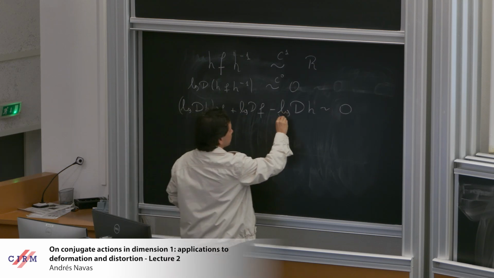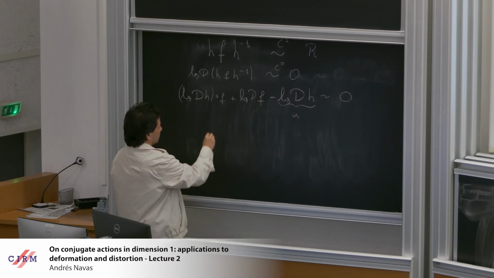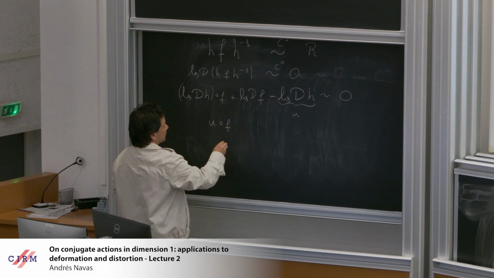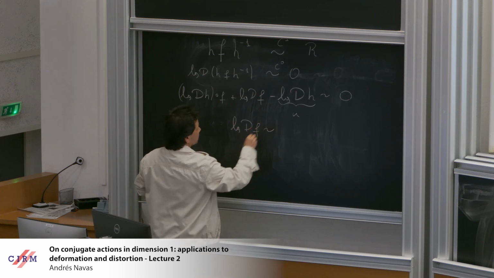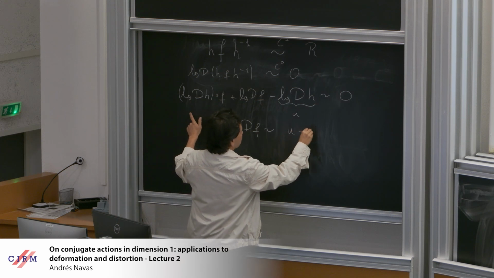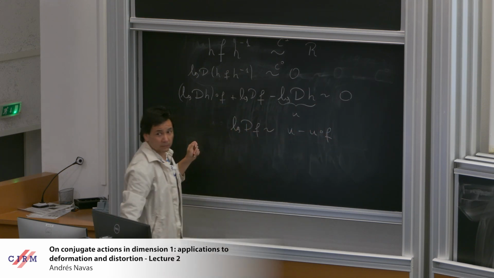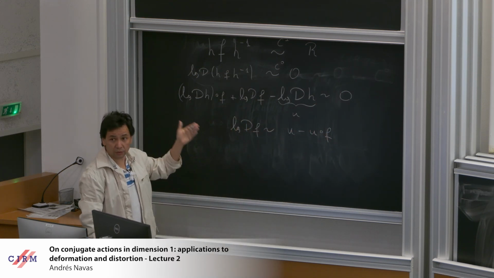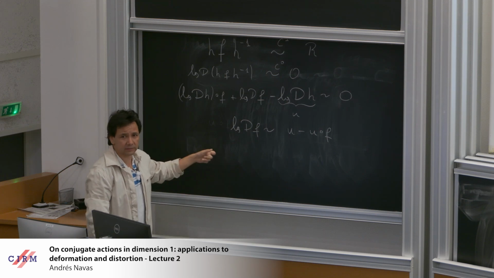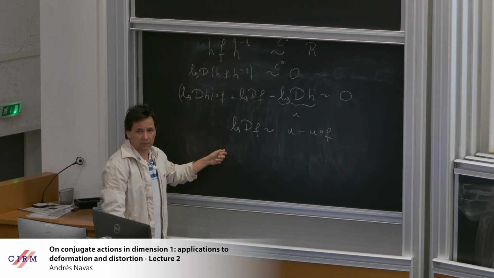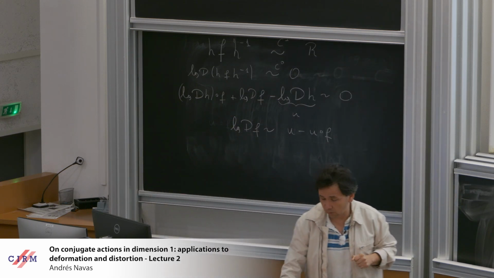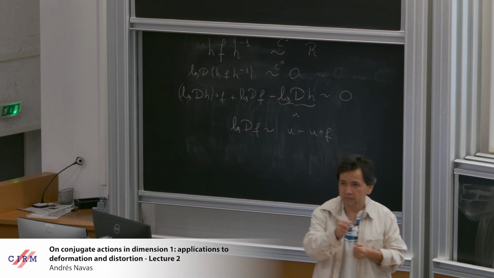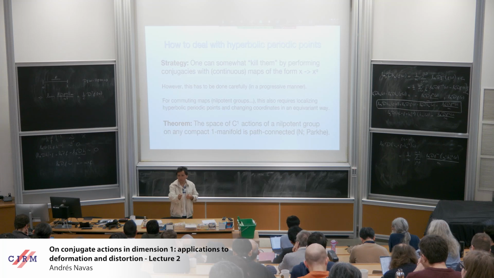Now if you call this function U, in general you may think about this as trying to write log dF as a function of the form U minus U composed with F. Okay? And actually these two things are equivalent. And this is the right way to think in order to solve this problem where you cannot solve even in an approximate way the cohomological equation, but there are natural candidates to solve this equation, but outside the space of continuous functions.